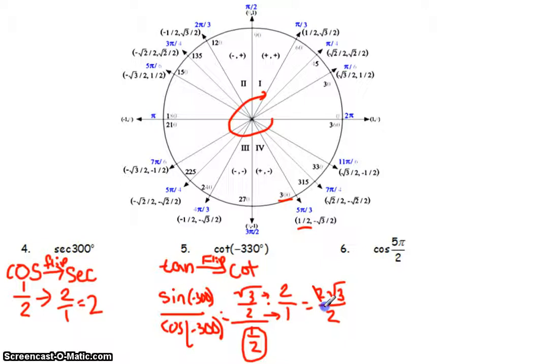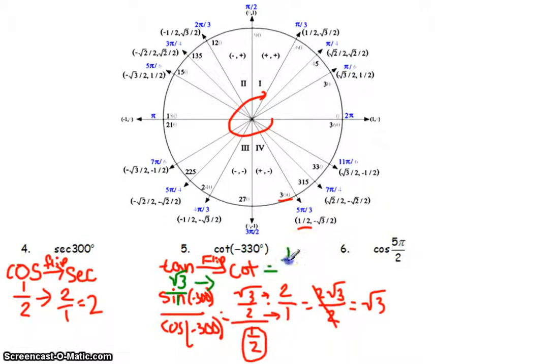I will simplify by crossing out my 2's because 2 divided by 2 is 1, and now I get the square root of 3. However, this square root of 3 is my tangent, and it's going to be over 1. So now I need to flip it to get my cotangent.